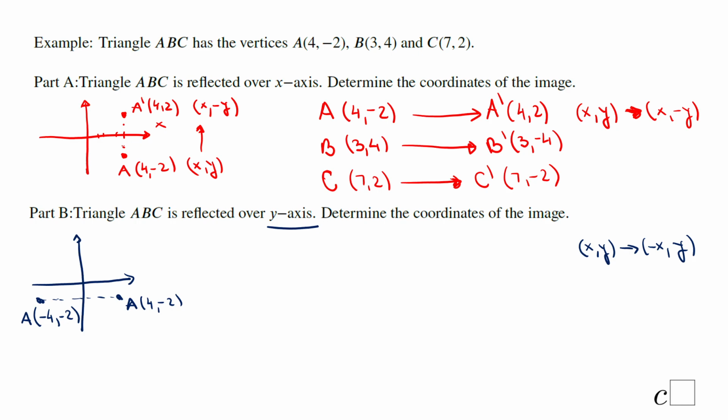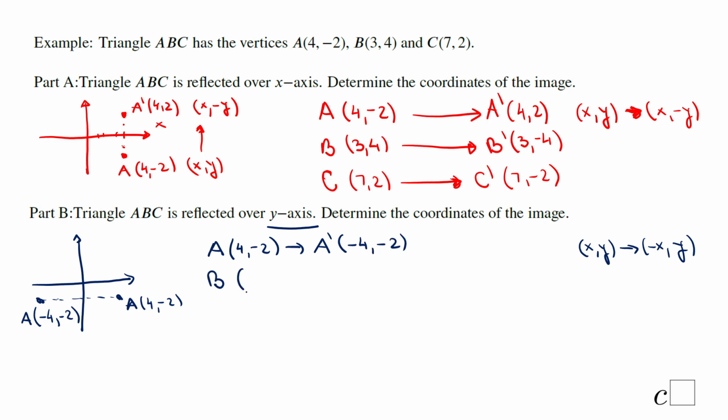Change the sign is maybe better than switch, because I'm going to use that word for a different reason. Okay, but let's take a look at our problem. So we finish. Let me write the coordinates to be sure. A, which is (4, -2), becomes A prime, which is (-4, -2).